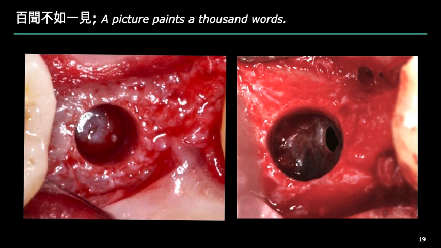So this is a clinical photograph of my patient. You can clearly see the sinus membrane on your left-hand side, which is intact. But on your right-hand side, you can see a perforation, which is quite big.